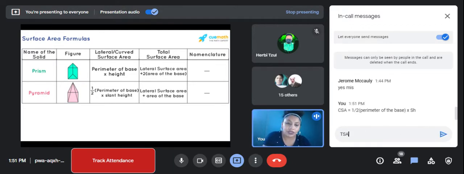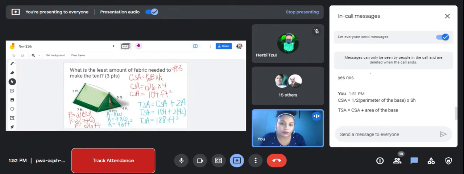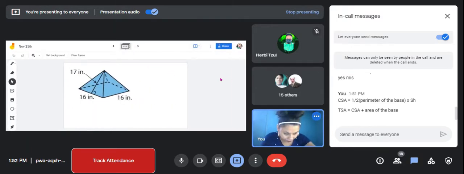And then the total surface area is going to be the curved surface area plus the area of the base. So those are the two formulas that we're going to be using right now. So now, we'll go to an example.